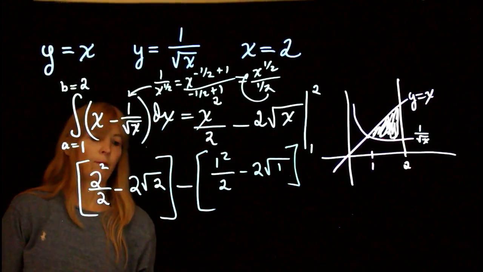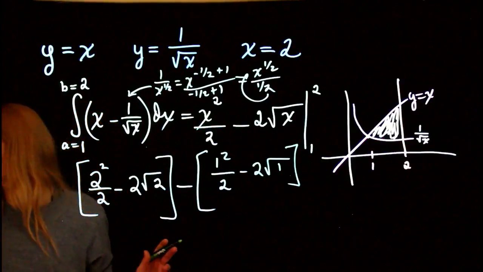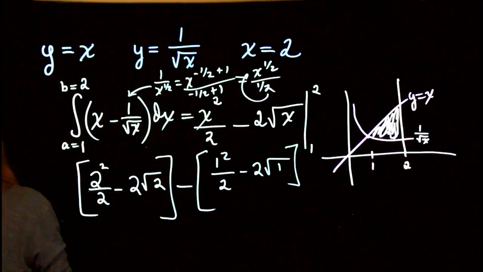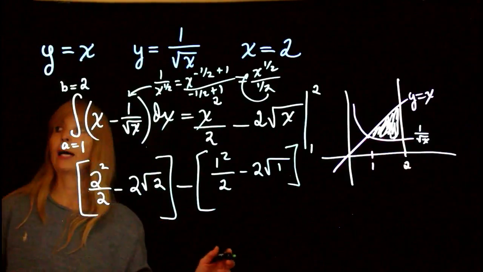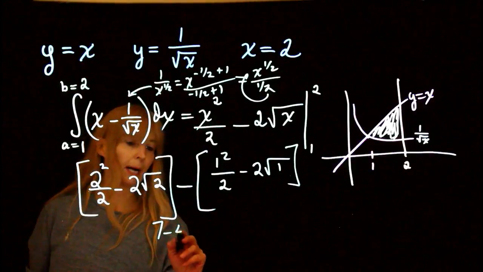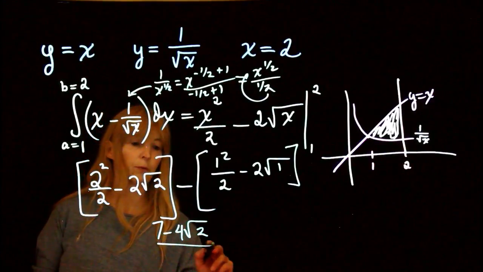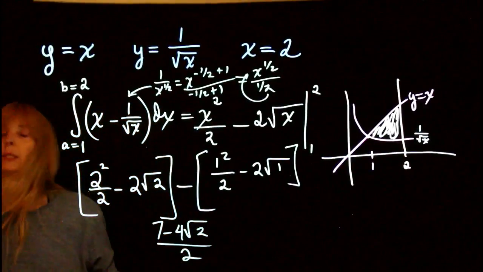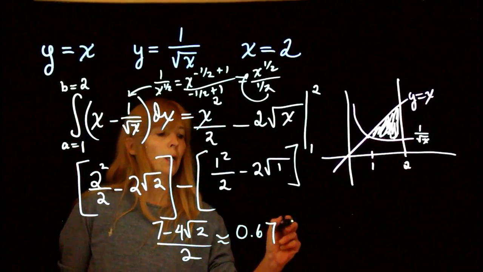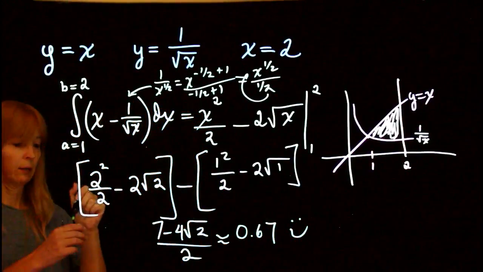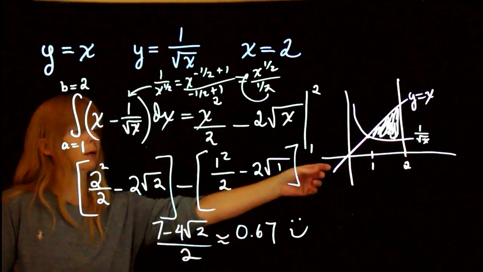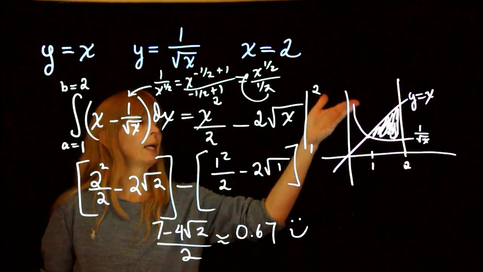And however you do it, if you get an exact answer, or you want to actually get the fractional value, my value, I got 7 minus 4 square roots of 2, which ends up being approximately 0.67, which most of you'll just plug that in your calculator and get that for your final answer. And that's it. That's the area between this line and that curve.